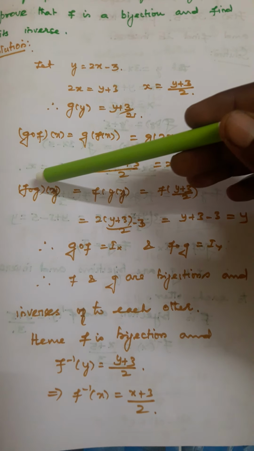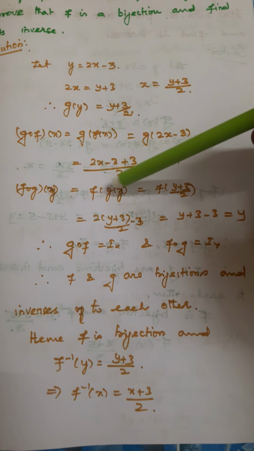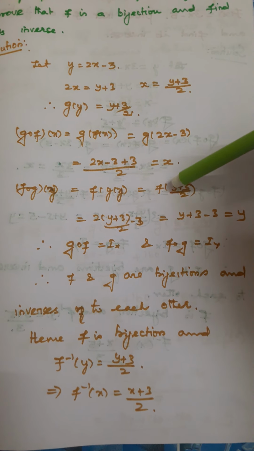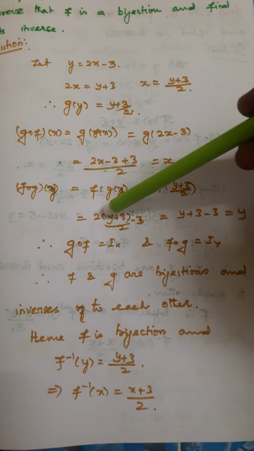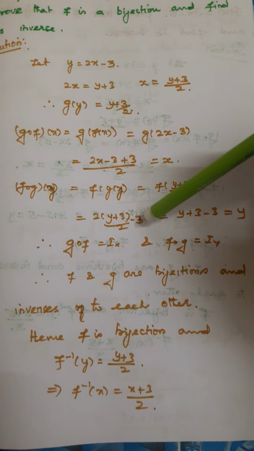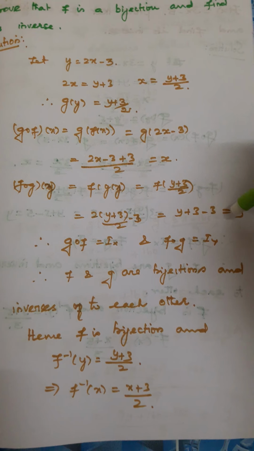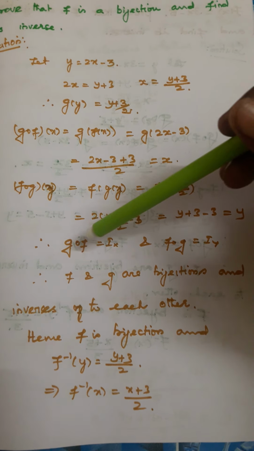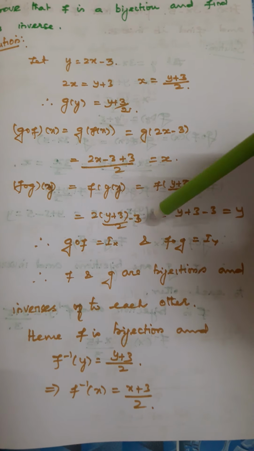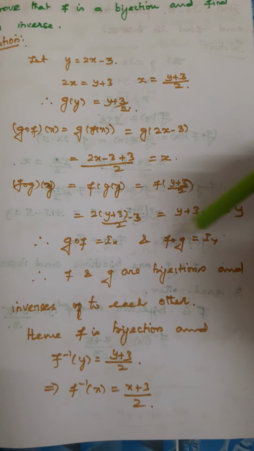Like that, f composite g of y is f of g of y. It is f of y plus 3 by 2, that is 2 times y plus 3 by 2 minus 3. The 2 cancels, plus 3 minus 3 also cancel, equal to y. So I found g composite f equal to I X and f composite g equal to I Y.